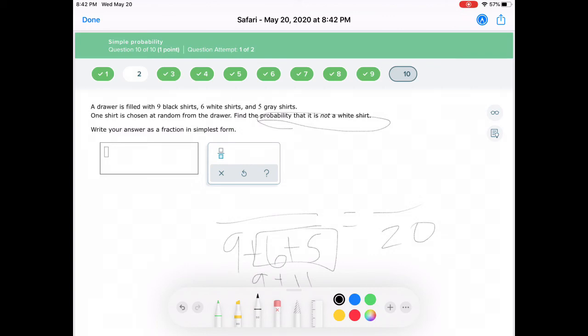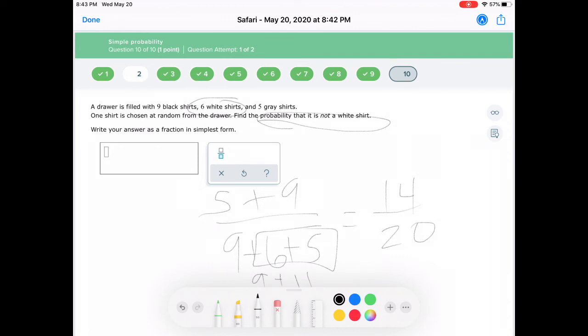So we have to think of the event of not being white. Well, you could have a gray shirt, of which there are 5, or you could have a black shirt, of which there are 9. So 14 shirts altogether are not white. Another way to think about it, if they want not white, this is called a complement of an event.